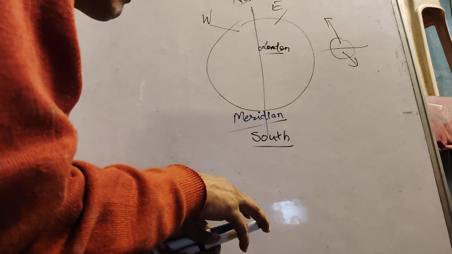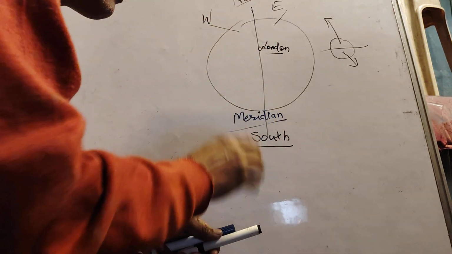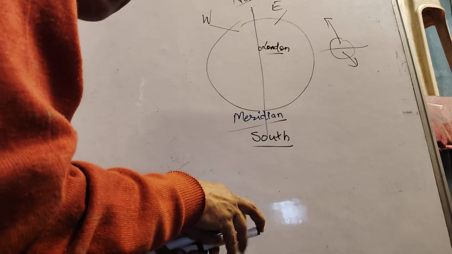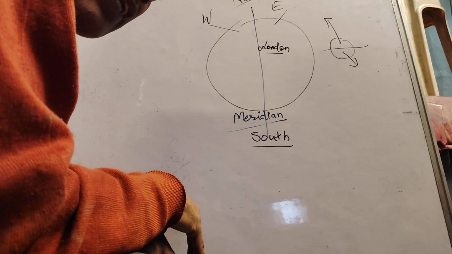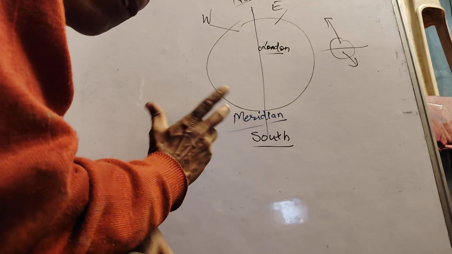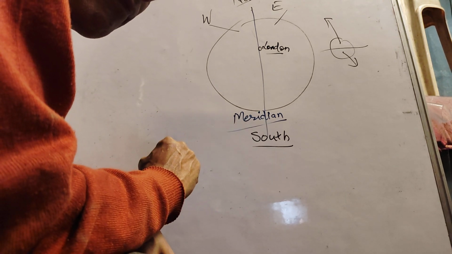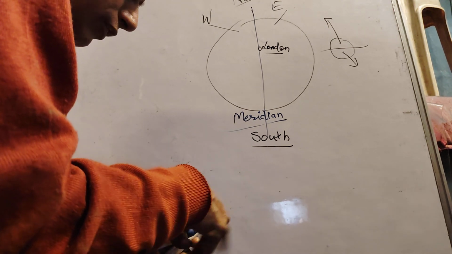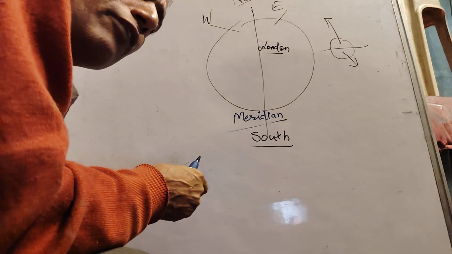You gave the correct answer. And this is the axis of rotation. Earth is rotating continuously. Can you tell what direction Earth is rotating? Clockwise or anti-clockwise? We see the sun rises in which direction?